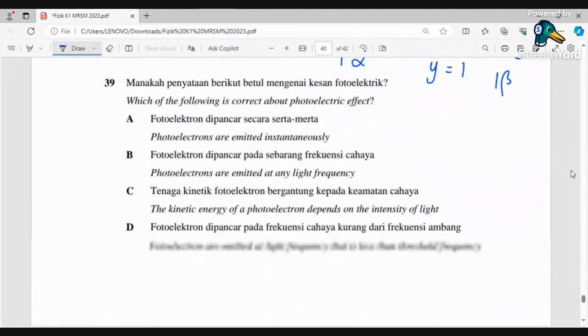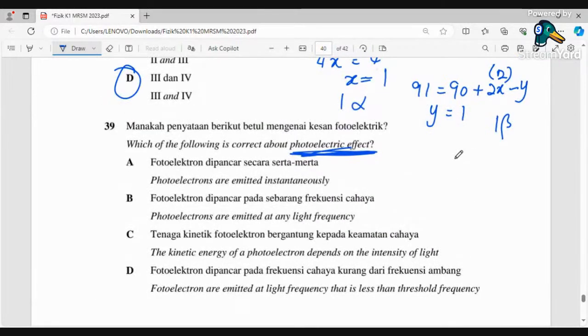Okay, 39. Correct about photoelectric effect. Okay, apa tu photoelectric effect? When light shine on the metal surface, electron will be emitted. Okay, jangan confuse dengan thermionic emission. Thermionic emission ialah heated metal surface. Yang ni light shine on the surface. Okay, jadi number 39 is correct. Emitted at any, salah.